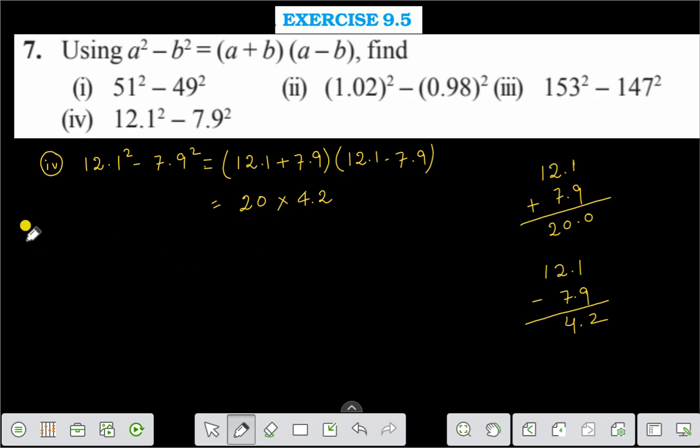If we multiply 4.2 with 20, then we are getting 84. Therefore, the value is 84, and that is the answer of question number 4.